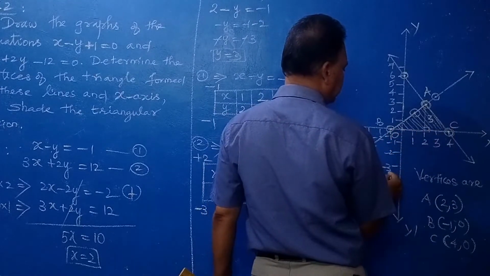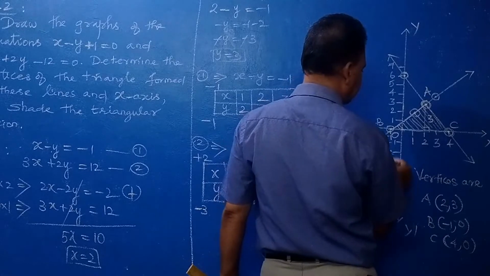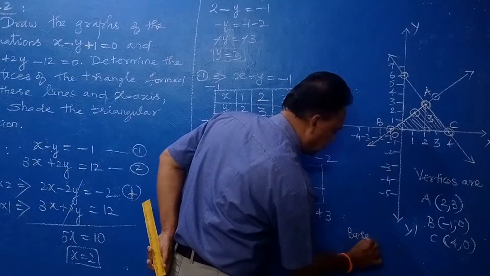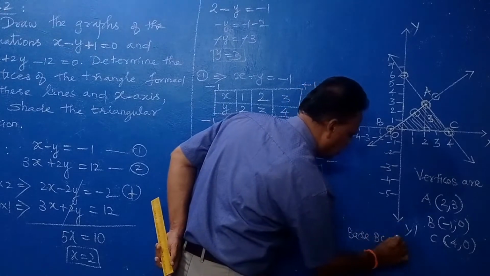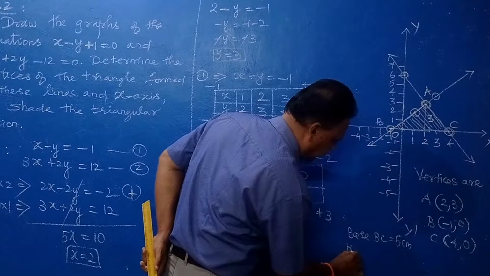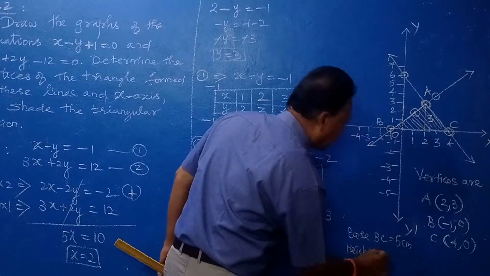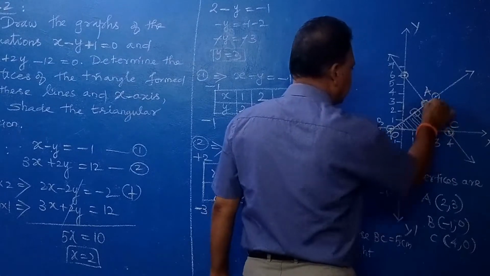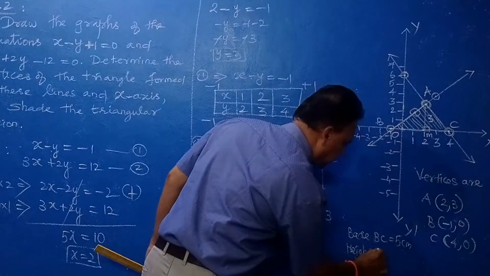Base is 5. That is BC equal to 5 centimeter. And the height, you name the foot M: AM equal to 3 centimeter.